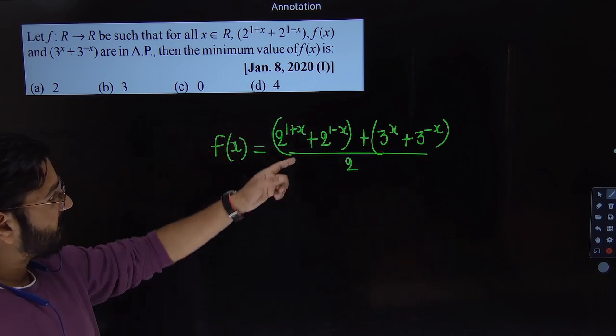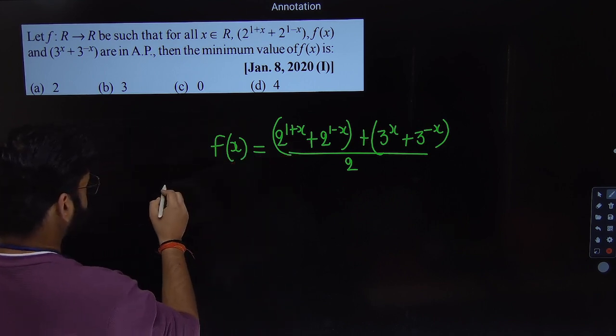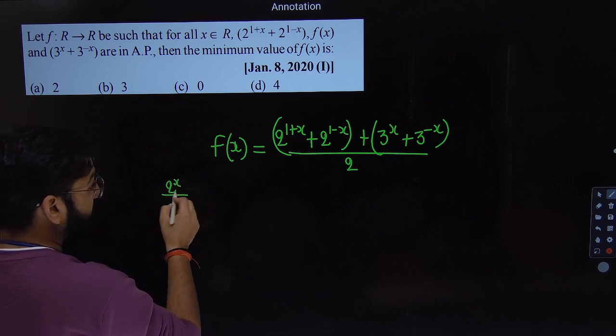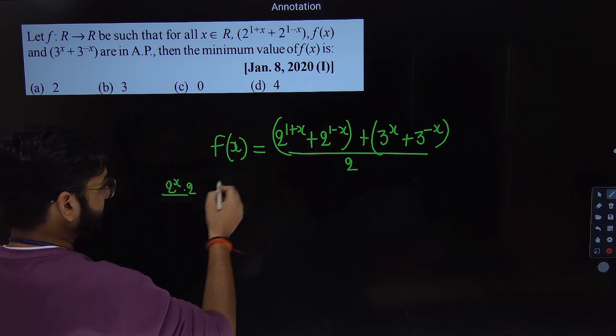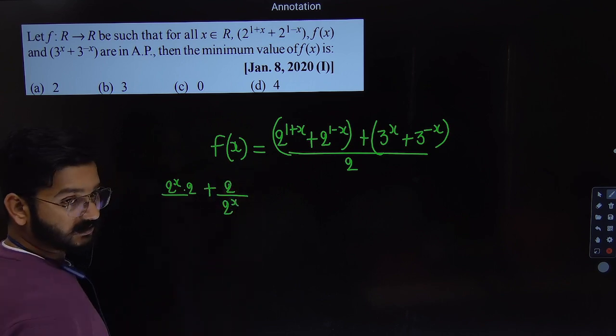Okay. So can we simplify this expression? Yes. Let's simplify it. So what can we write this as? 2 to the power x into 2. And this one will be 2 divided by 2 to the power x.